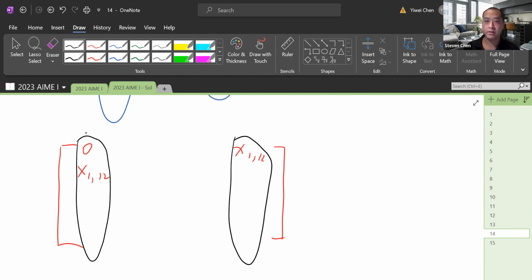So what should be their difference? Let's look at the first row. The difference is x sub 1,12. So it implies that the difference between any two numbers in these two columns that are on the same row should always be equal to x sub 1,12.